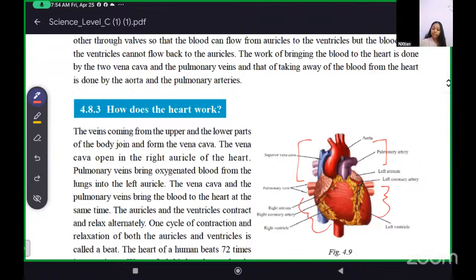Through the vena cava, and the pulmonary veins. And the taking away of blood is done by the aorta and the pulmonary artery.